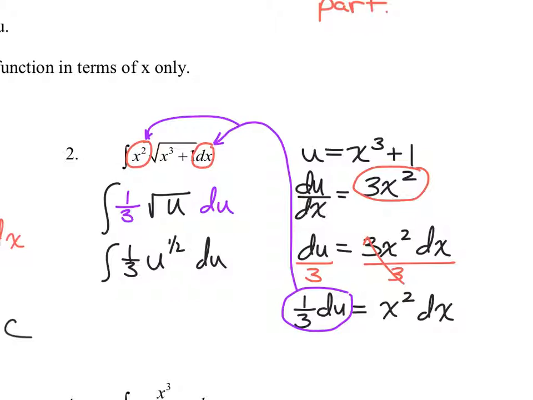So increase your exponent by 1. You're looking at u to the 3/2. Divide by the new exponent. So that would be 1/3 divided by 3/2, but that's the same as saying 1/3 times 2/3. Right, so that's going to be 2/9. All right, plus c.